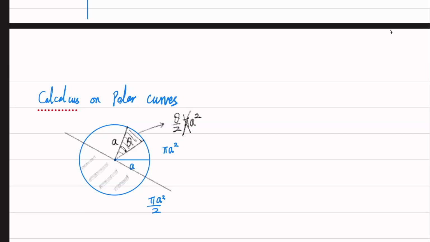Okay, let's check. I claim this area is a squared theta over 2. Now if we are considering the whole disk, what is theta? Theta will be 2 pi, and the area is a squared over 2 times 2 pi, which is pi a squared.